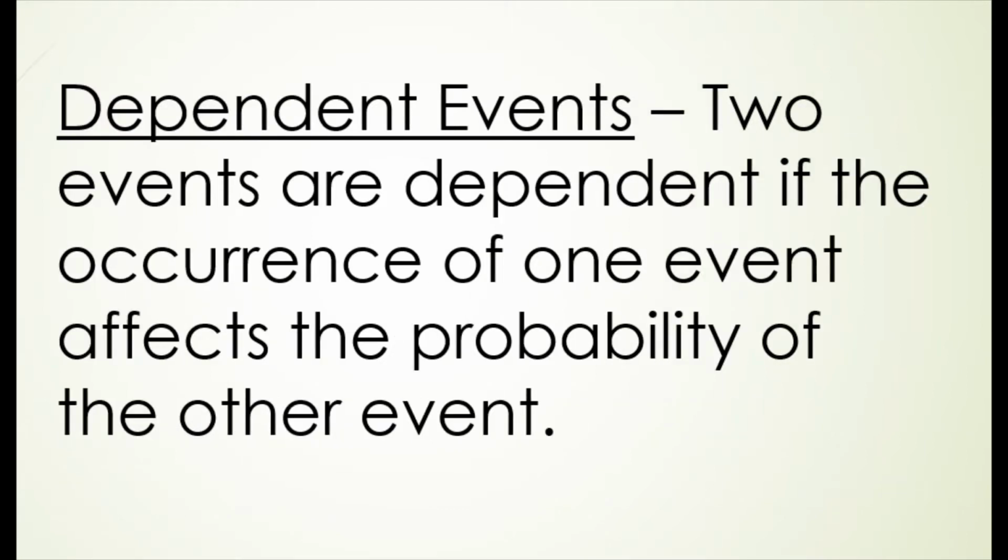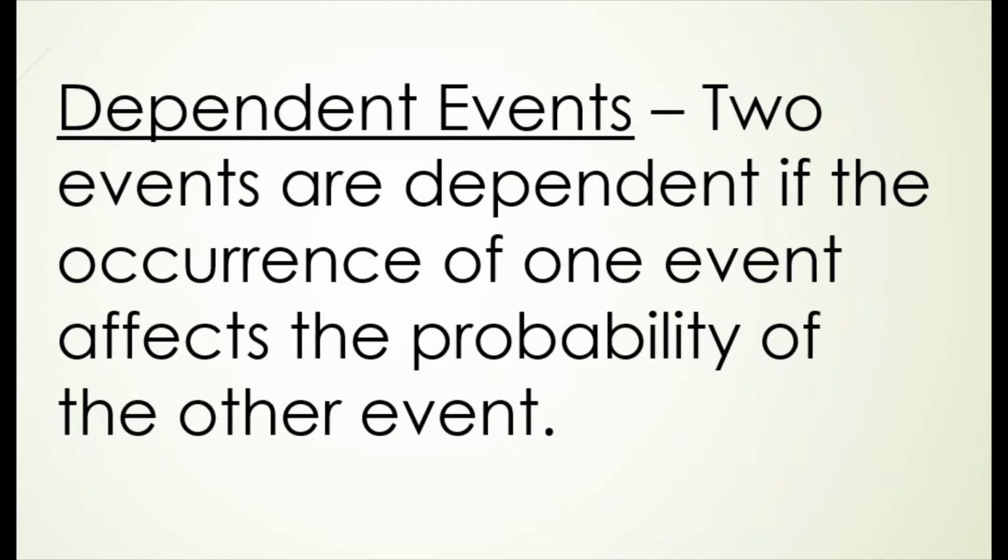Dependent events, on the other hand: two events are dependent if the occurrence of one event does affect the probability of the other event. So for example, if I'm drawing cards out of a deck of cards, the initial probability of me drawing an ace is 4 out of 52 because there are 4 aces in a deck of 52 cards.